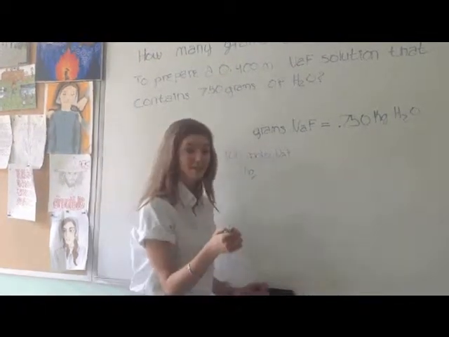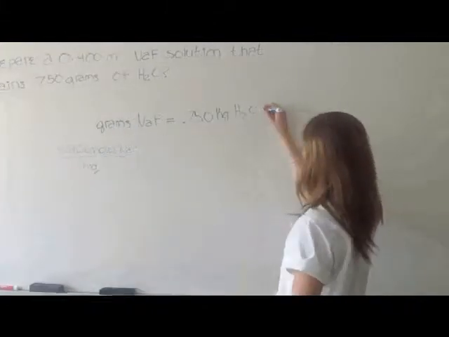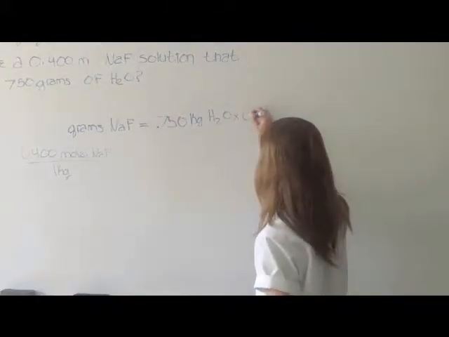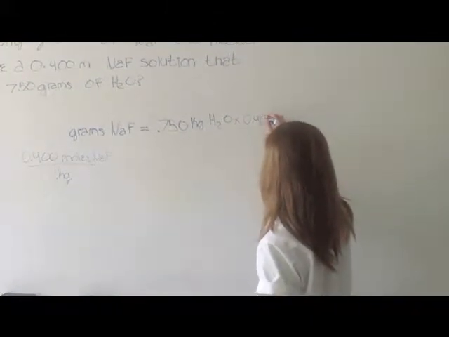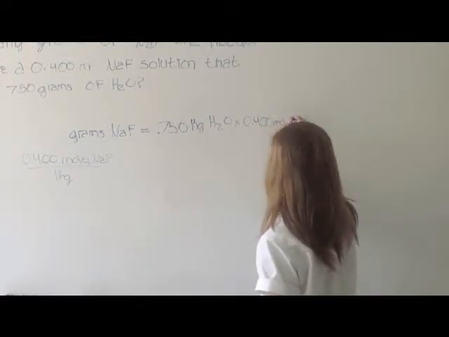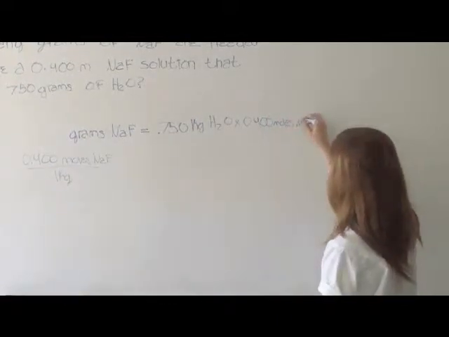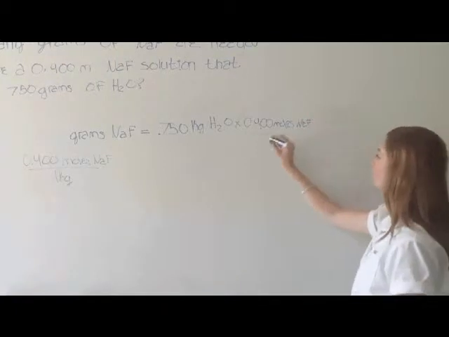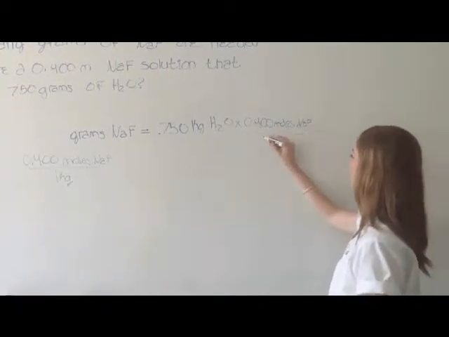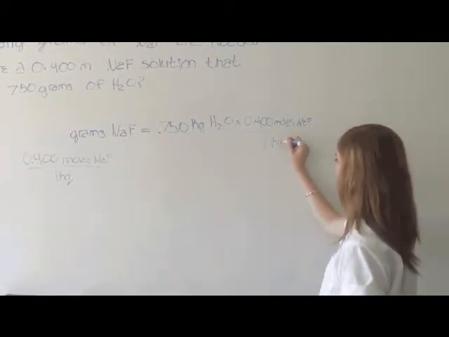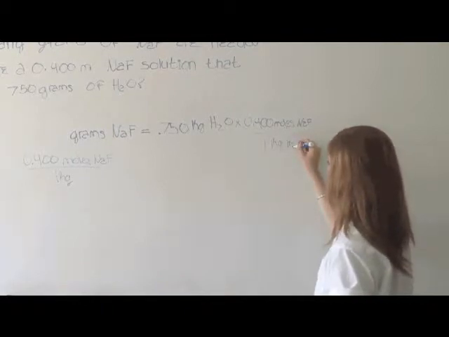So now we're going to put this into the equation. So it goes times 0.400 moles of NaF over 1 kilogram of H2O.